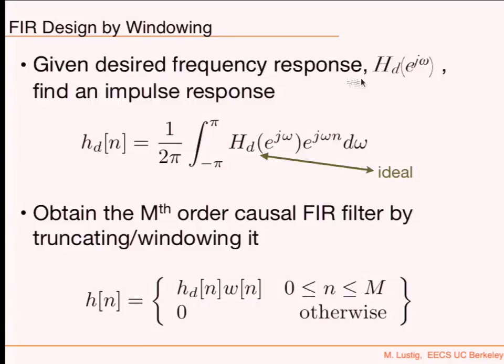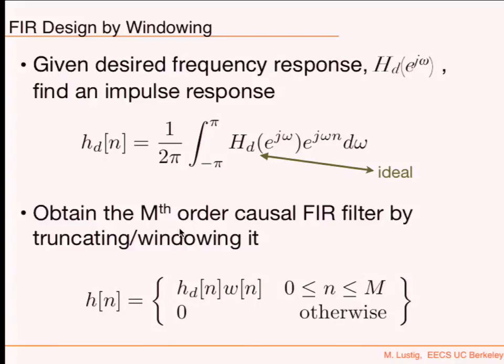I'm going to find the impulse response corresponding to the ideal, and then approximate that impulse response by taking an Mth order causal filter that approximates that ideal frequency response, by truncating the impulse response and windowing it.